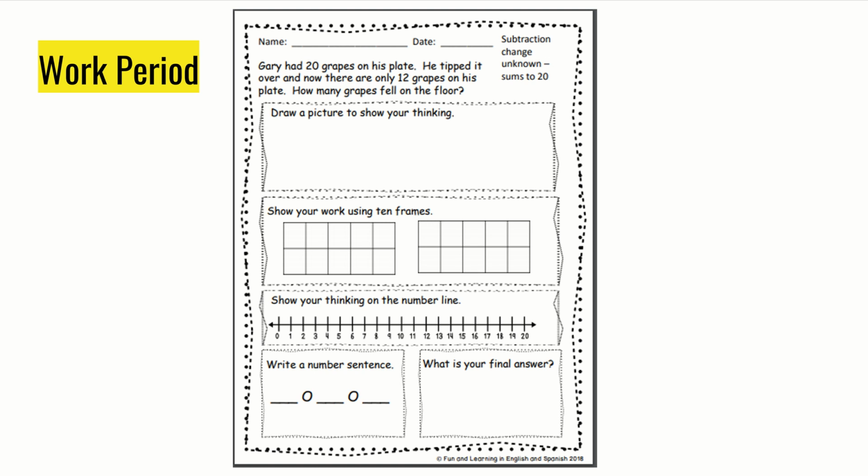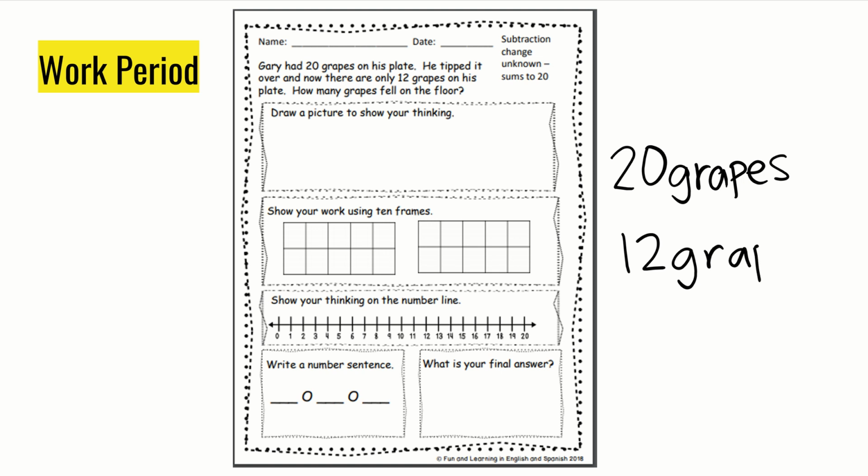So again, he has 20 grapes. And then he knocked some on the floor, and when he looked back at his plate, he only had 12 grapes left. And I want to know how many grapes fell on the floor. Go ahead and give that a try on your Nearpod, and then we will go over it together.